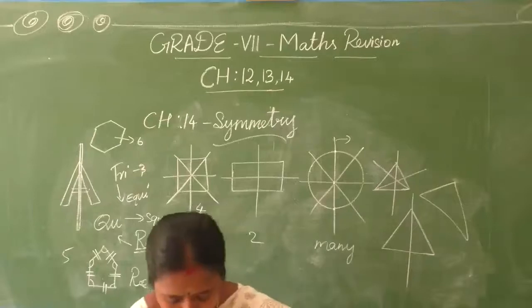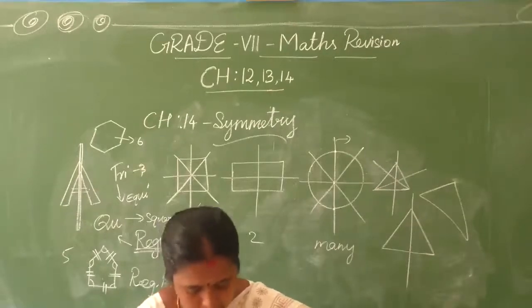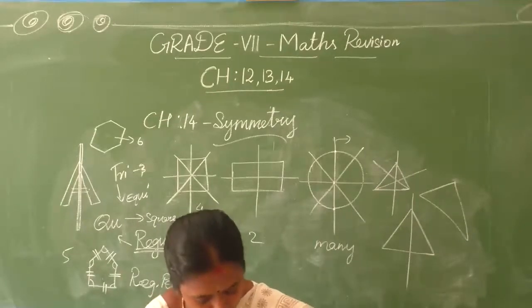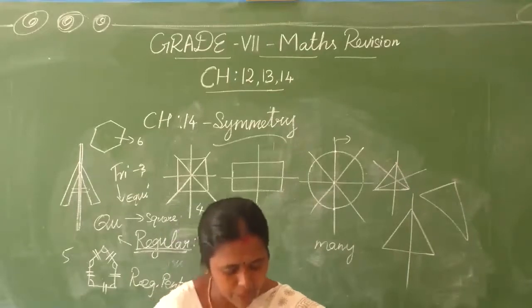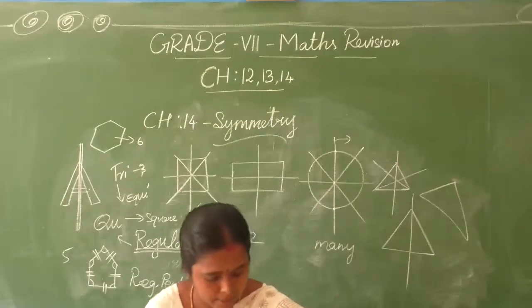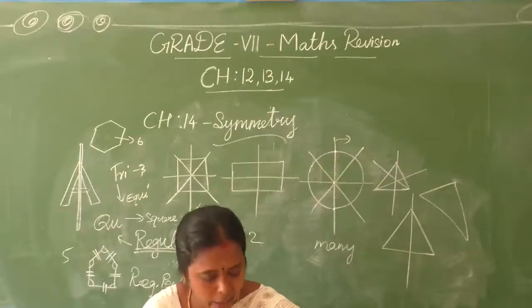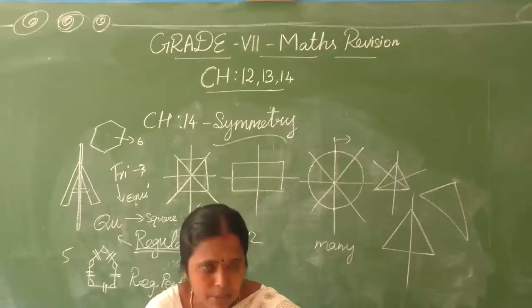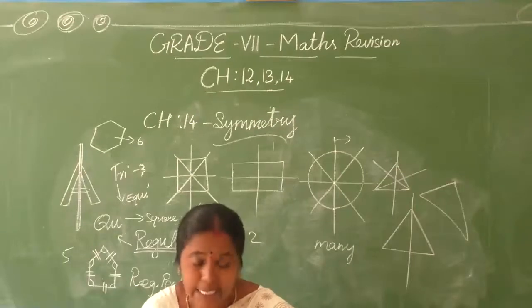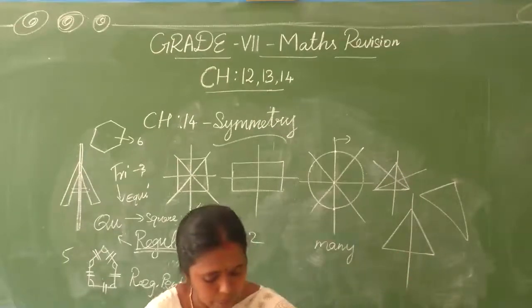Understood? Like this, exercise 14.1 you have to complete. Just go through that. State the number of lines of symmetry for the following figures. First one, an equilateral triangle. How many lines of symmetry? 3. An isosceles triangle, 1 line of symmetry. Scalene, no lines of symmetry. Square, 4 lines of symmetry.